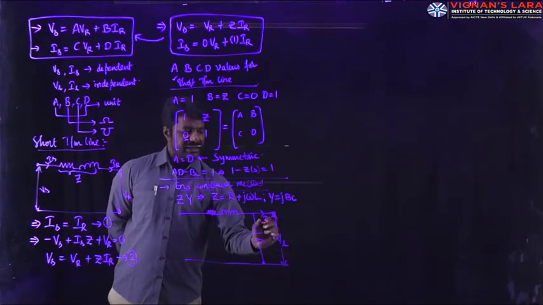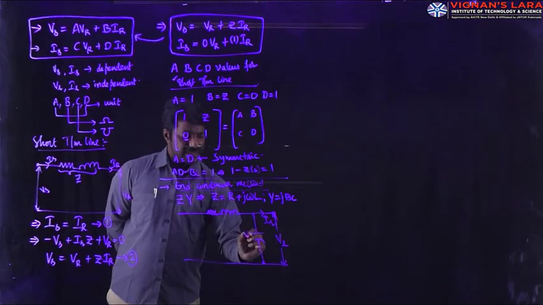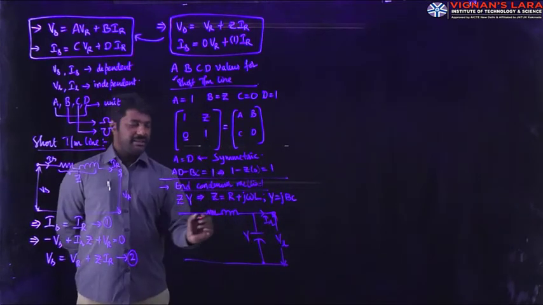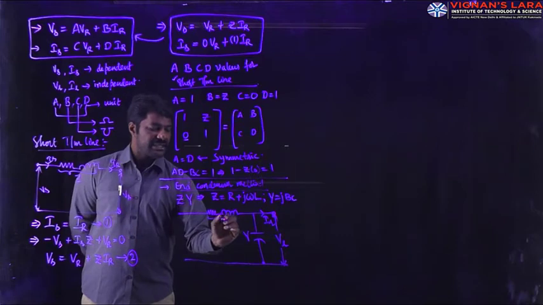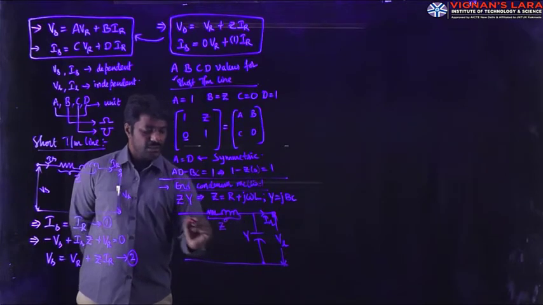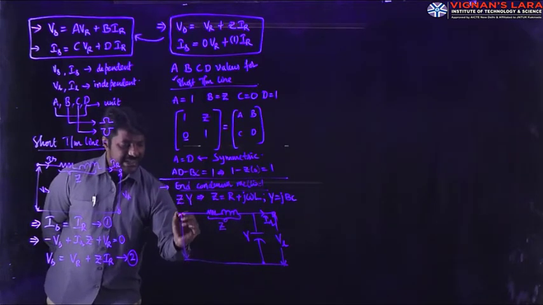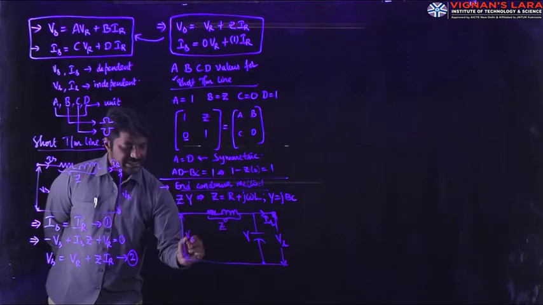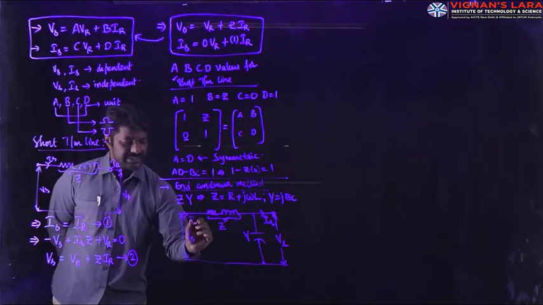Current here is identified as IR. This element has an admittance of Y. This element has an impedance of Z, with the sending end port terminals as quantities Vs, Is.